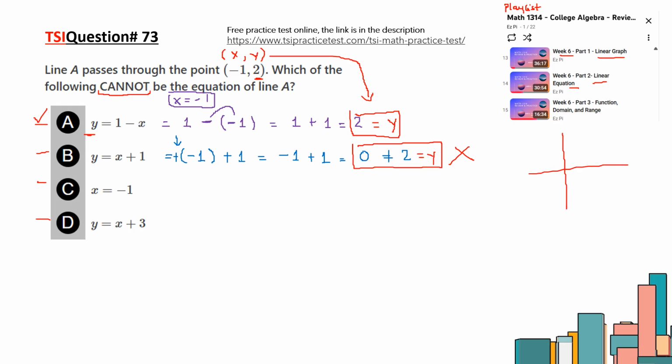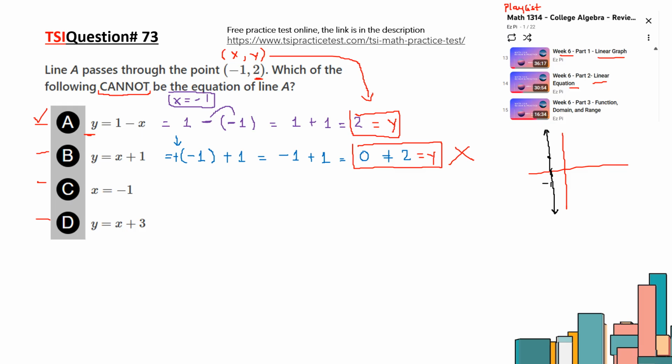Let's draw it. Here is the -1, so x equal -1 is the vertical line going through x equal -1. On that vertical line, when x equal -1, y can be 2.